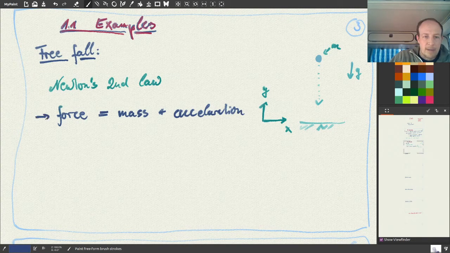This is Newton's second law, and that is used to model very typical technical processes.